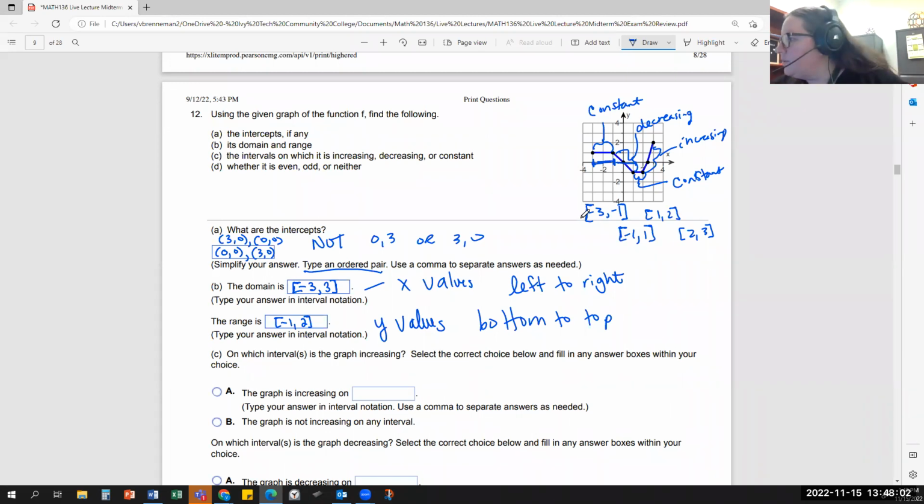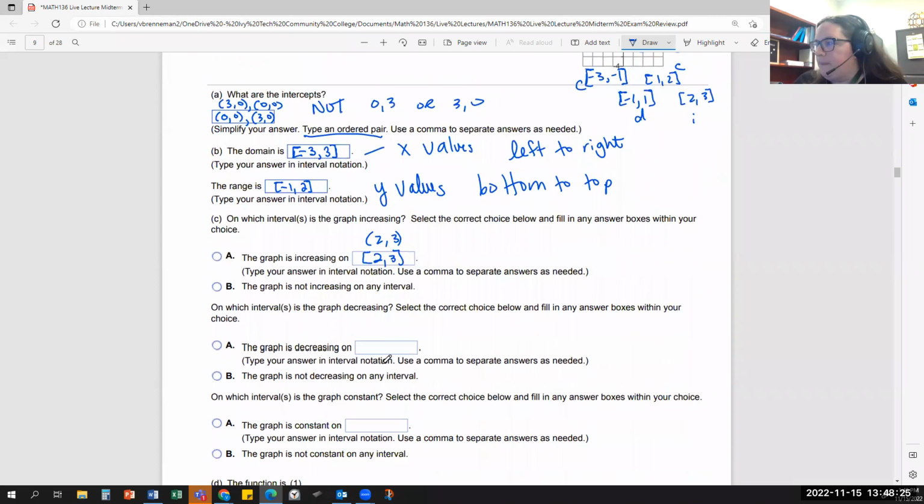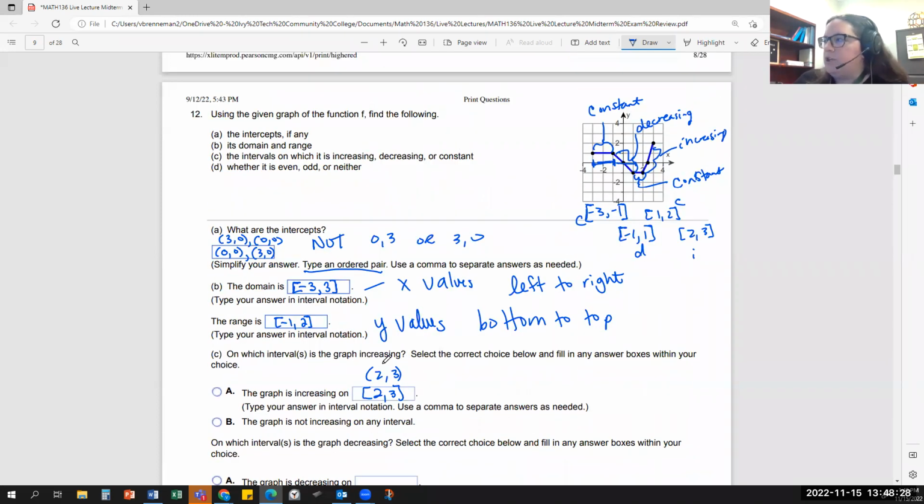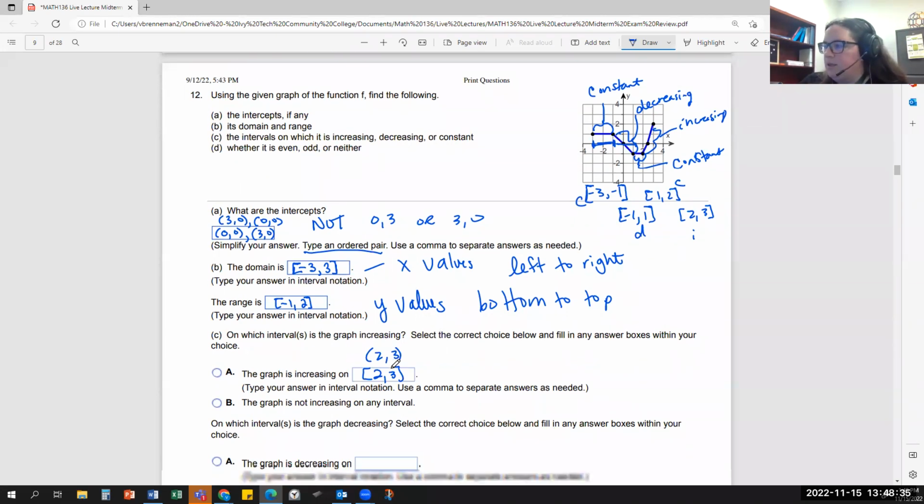So that one was constant. This was constant, decreasing, and increasing. Then I can put them into their appropriate pieces. The increasing would be 2 to 3. Again, you could use parentheses. Just keep in mind it's a starting x value, ending x value. Think of it like this: if we shifted that graph up or down, it wouldn't change where it's increasing, decreasing, or constant.